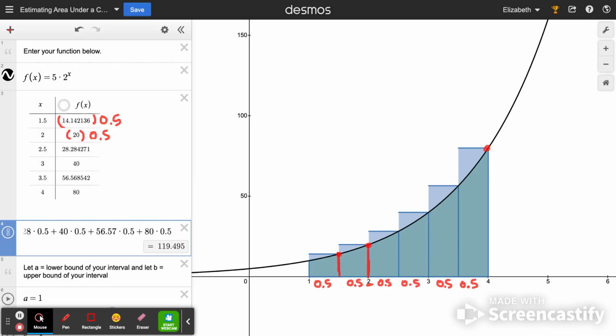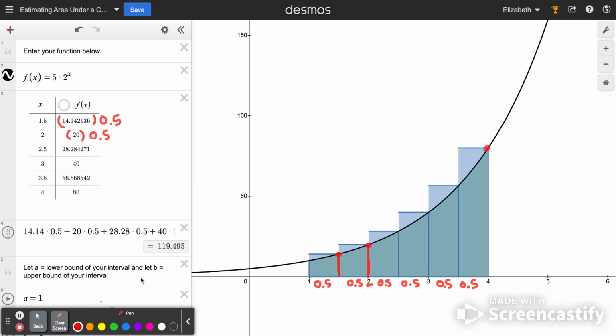And as you can see, I've still gotten an estimate. We know that this area is a little bit too high, but I've gotten a lot closer than I've gotten before, finding the area with 119.495.